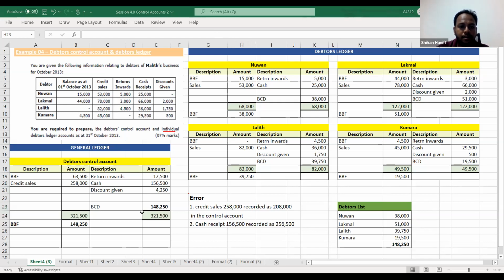Debit or credit? Now, if you record 156,500 as 256,500, this is more credited. That means the debtor account is deducted more.